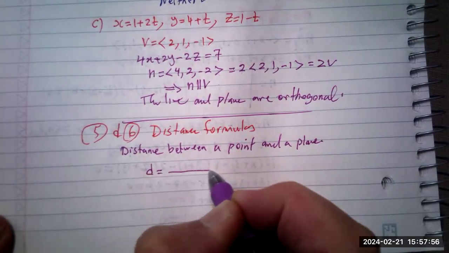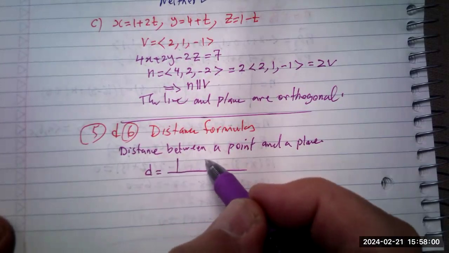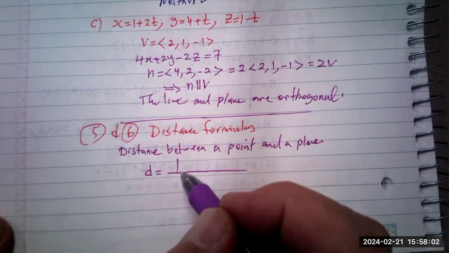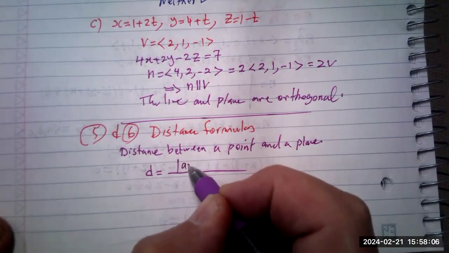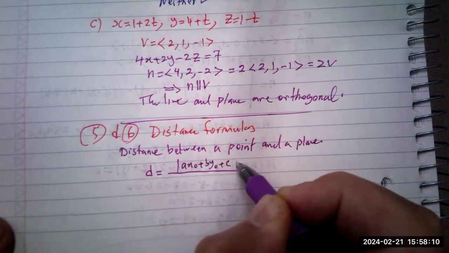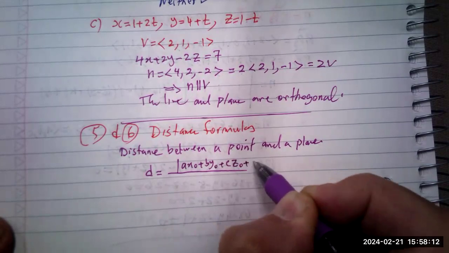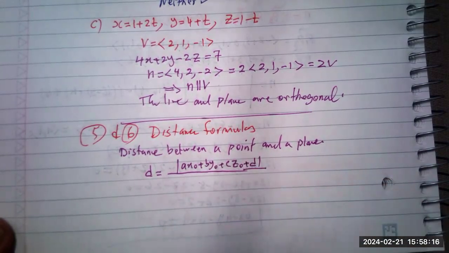Distance is the absolute value of, and the point would have the coordinates x0, y0, z0, and then you substitute, giving you a x0 plus b y0 plus c z0 plus d. It's like substitute x, y, z, plug in the point into the plane.